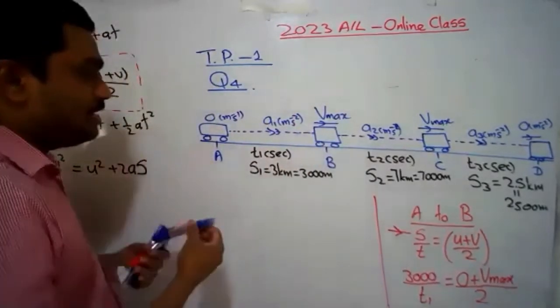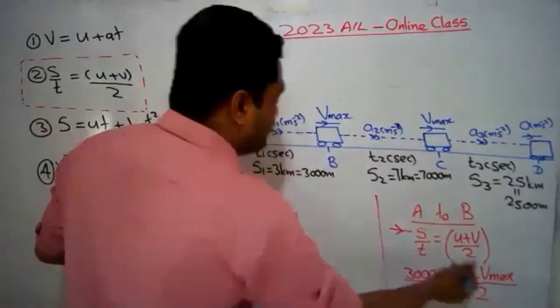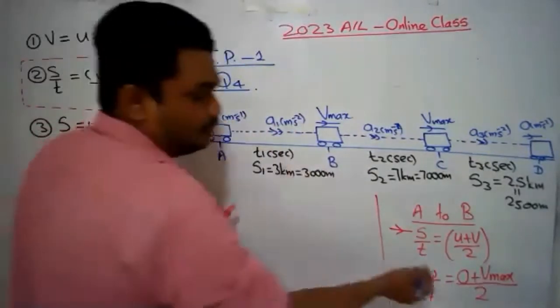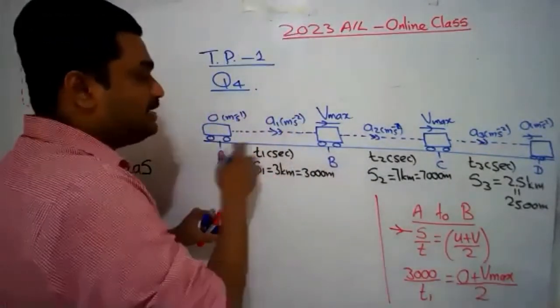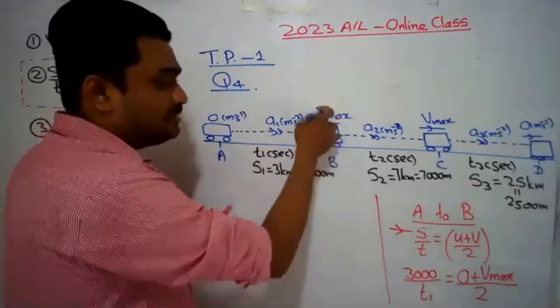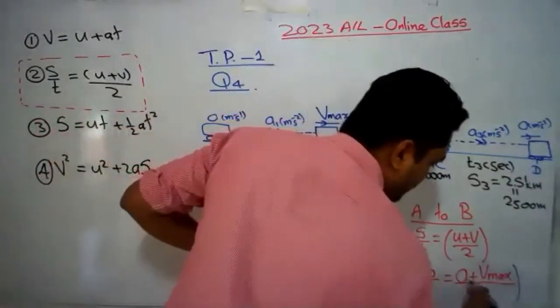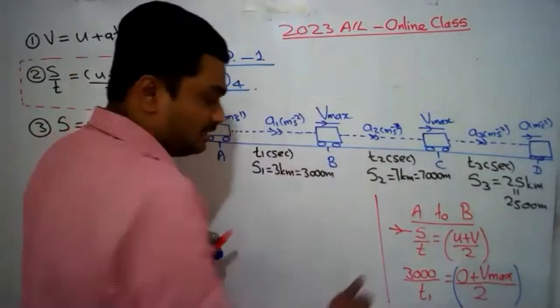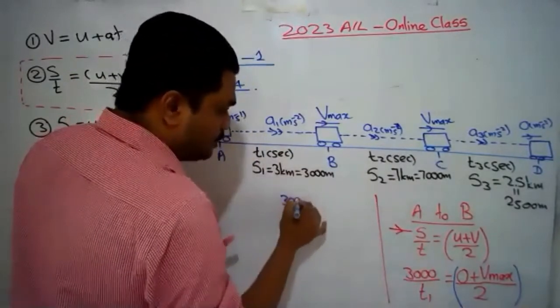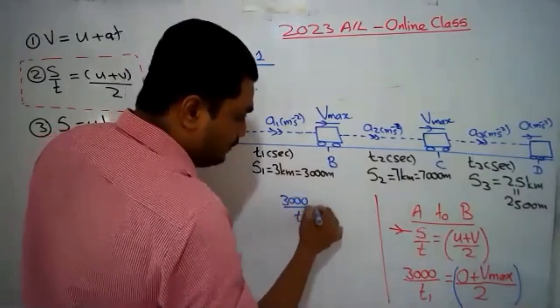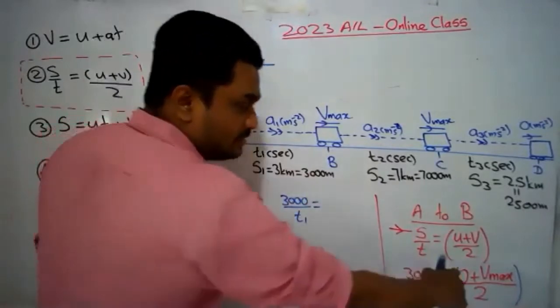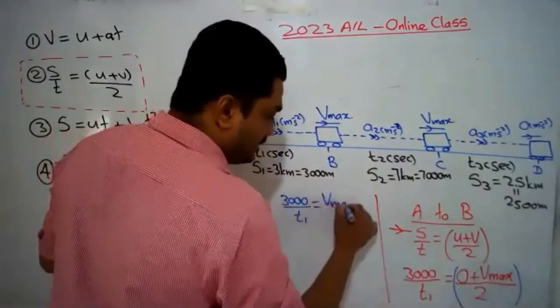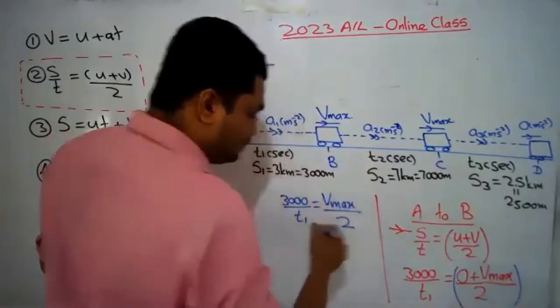Then what are the things that we have written? Initial velocity is the velocity at A, that is 0 meter per second. Final velocity is the velocity at B, that is Vmax, divided by 2. So I have applied this equation from A to B section. Finally we have 3000 over T1 equals 0 plus Vmax, divided by 2.